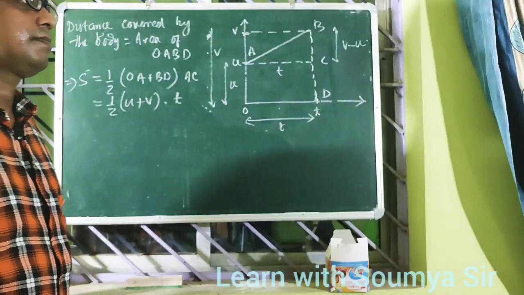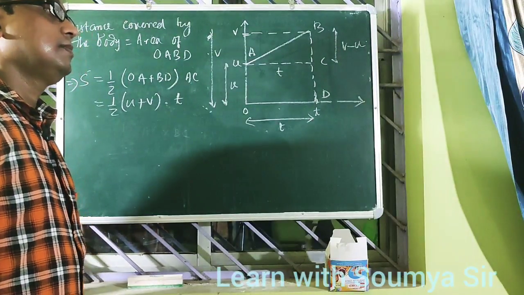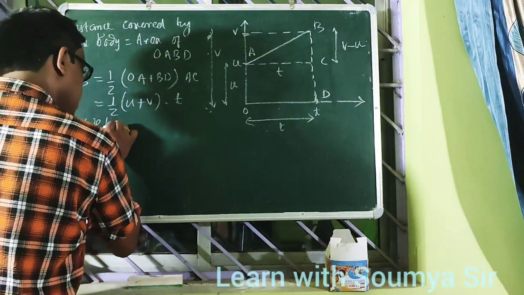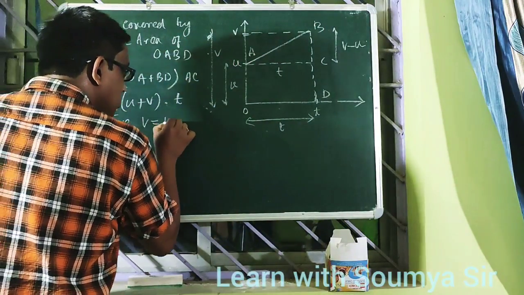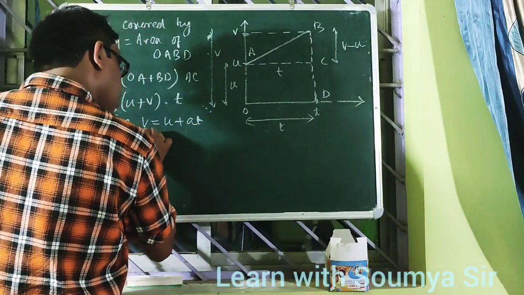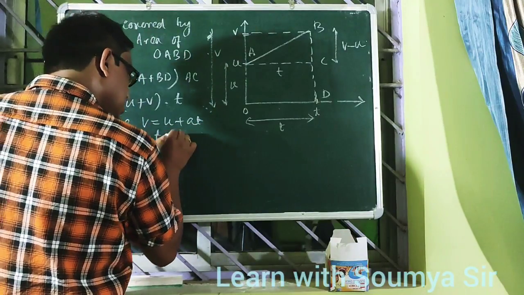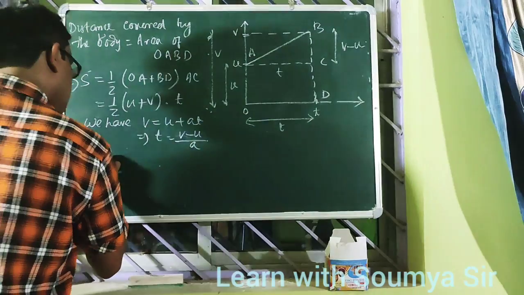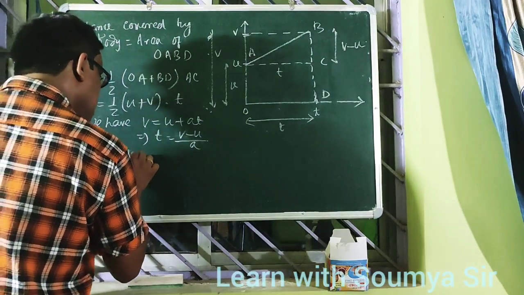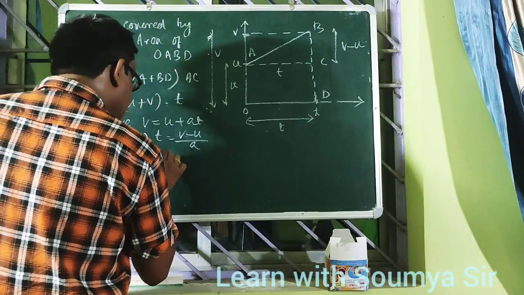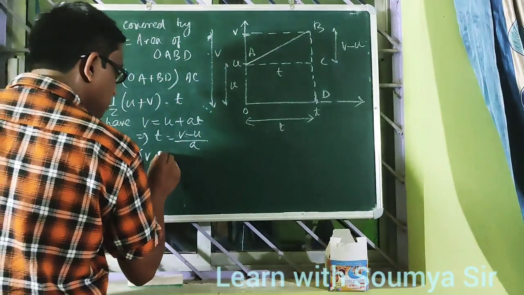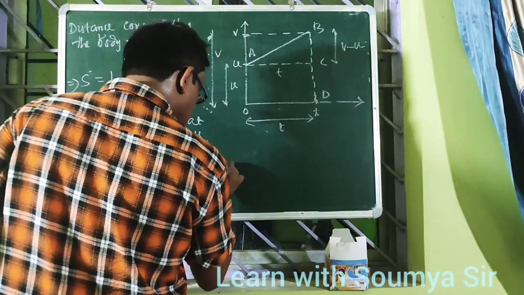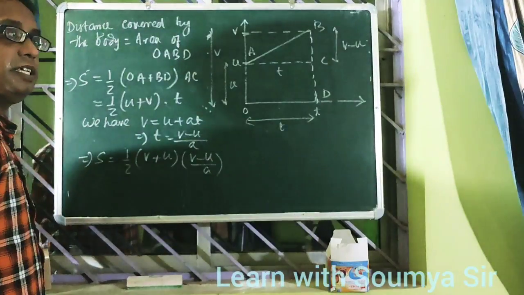Now we have v is equal to u plus at, which implies we can write t is equal to v minus u by a. Put here, s is equal to half, v plus u into v minus u by a instead of t.